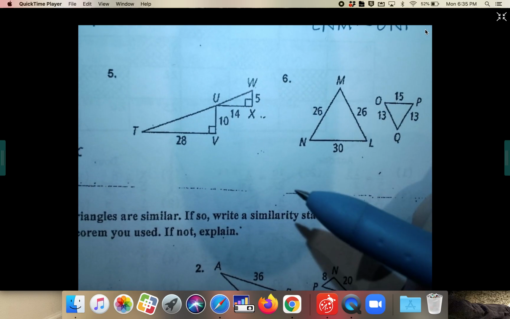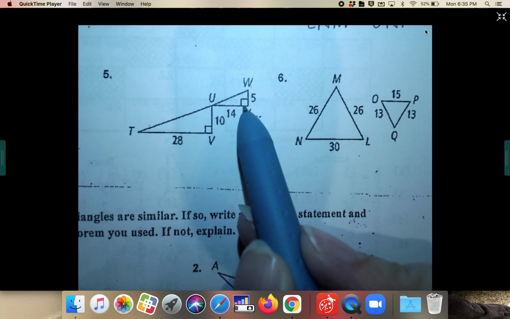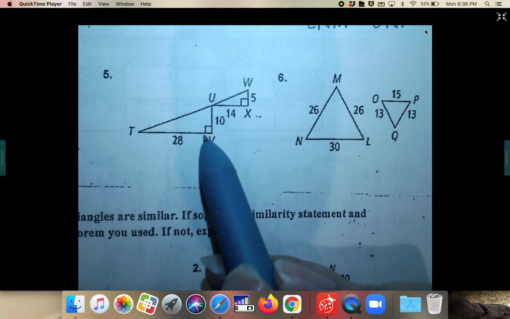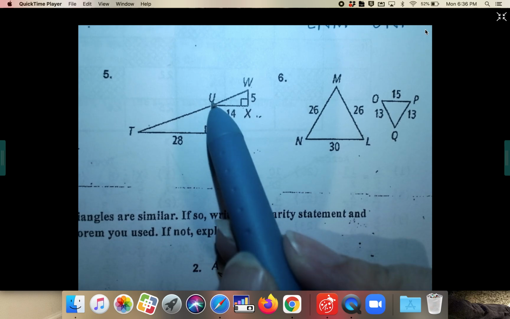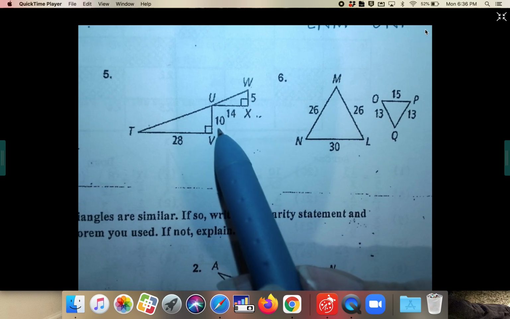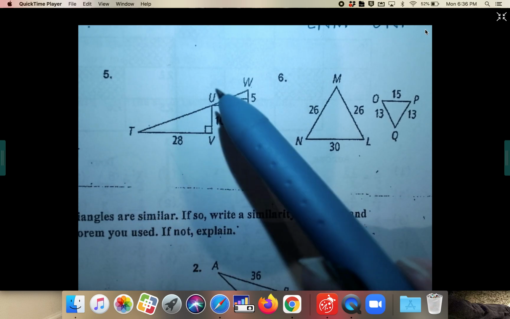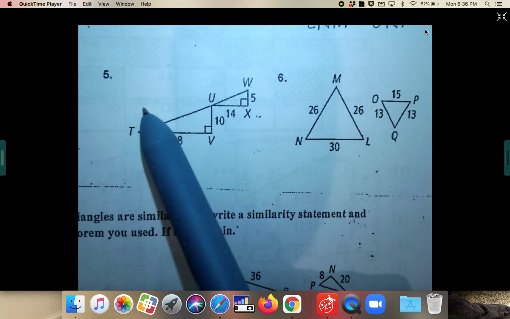Okay, number 5. This one is interesting too. So first check the side lengths, 28 and 14. So this is twice this. So 28, so the scale factor is 2 to 14, and then once again the scale factor on the side is 10 to the side is 5, so it's 2. So the scale factor is correct. You know that the scale factor is similar on this third one because if they are on the same line, it's going to be the same slope.